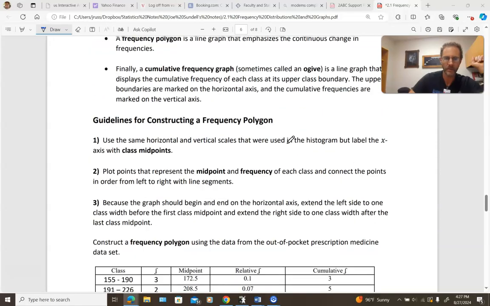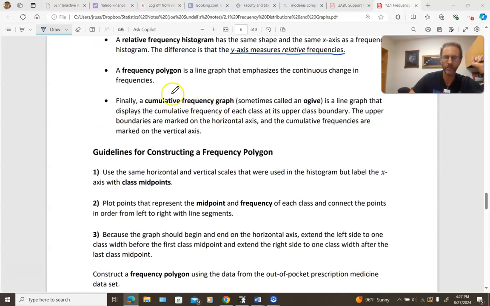The last thing I think is this cumulative frequency graph. This is also called an ogive. It's a line graph that displays the cumulative frequency of each class at its upper class boundary. The upper boundaries are marked on the horizontal axis, and the cumulative frequencies are marked on the vertical axis.